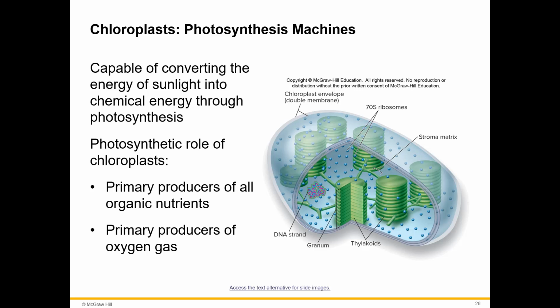That sugar can then be broken down and turned into energy through the mitochondria. And the cell ends up getting more energy by breaking down the food than it costs to make the food in the first place. So there's a net gain of energy overall. Photosynthetic role of chloroplasts: primary producer of all organic nutrients and primary producers of oxygen gas.